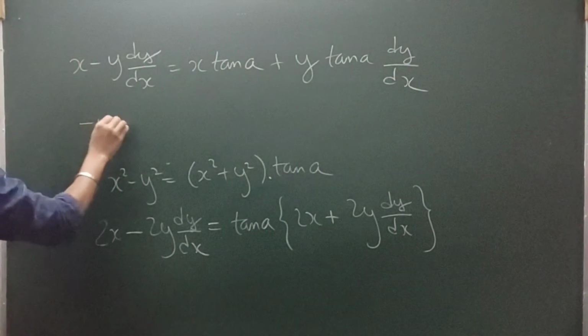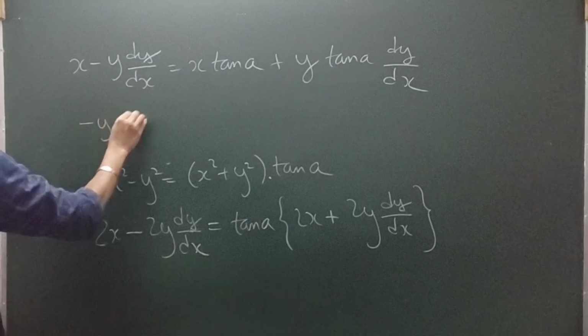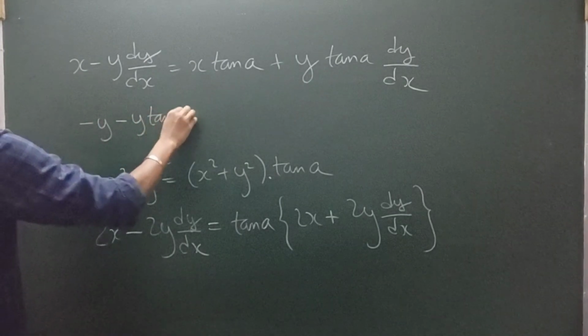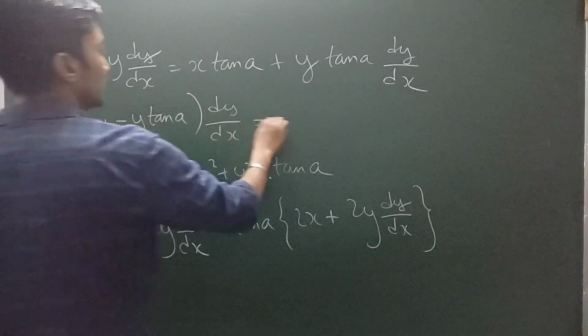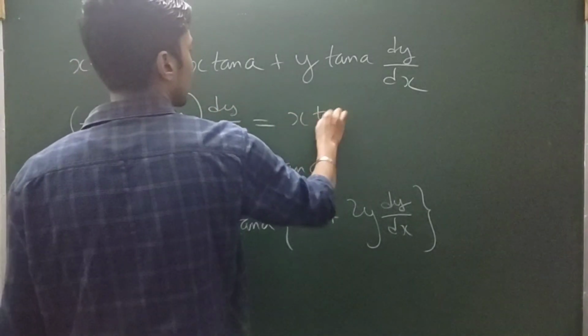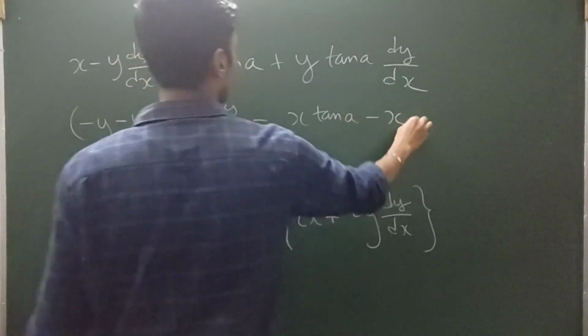Arranging, minus y tan a dy by dx is equal to x tan a minus x.